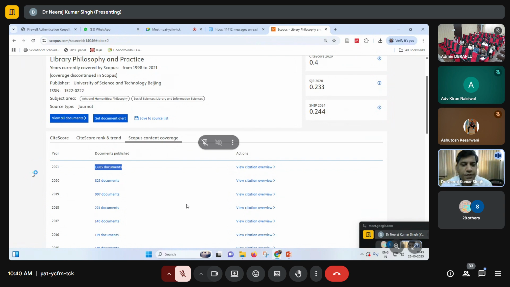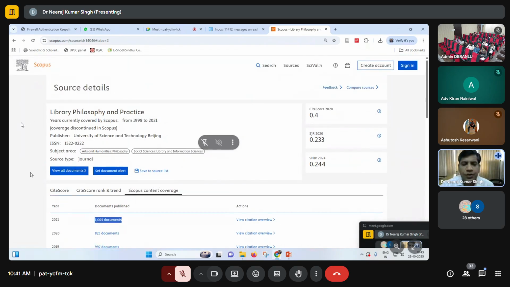They have published 1,600 articles. Suppose this journal is a quarterly journal, meaning four issues per year. So on an average, I think 400 articles they have published in a single issue. And you can imagine how much money they have made. That is why Scopus has discontinued this journal.